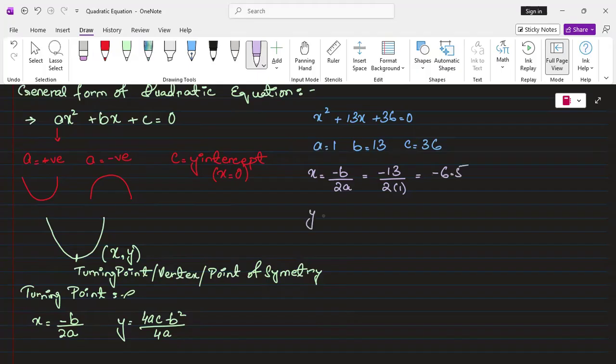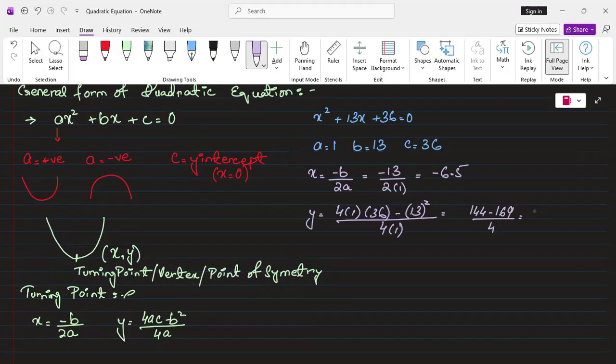Now for the y coordinate, this is 4, a is 1, c is 36, minus b square, that is 13 square, upon 4 times a. A is 1. Now can you use your calculator to find this answer? What is the y coordinate of this turning point? 36 times 4 would be 144, minus 13 square is 169, upon 4.